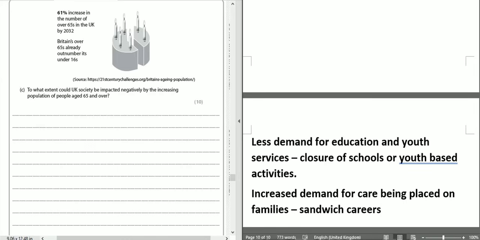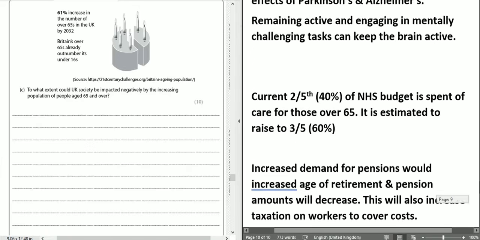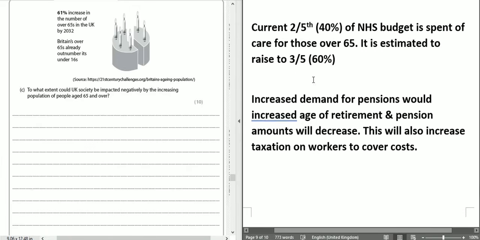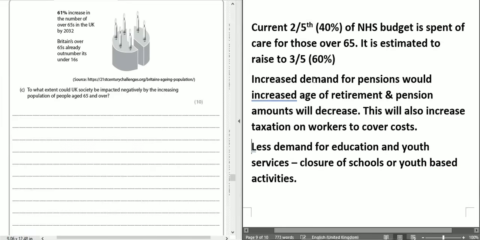So it's often children, or adults who are caring for their relatives or their older parents, while simultaneously trying to care for their own young children. So they're sandwiched between two care responsibilities. So again, to what extent could the UK be impacted negatively by increasing population? So that's all the problems that come about from an aging population.